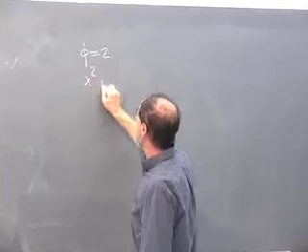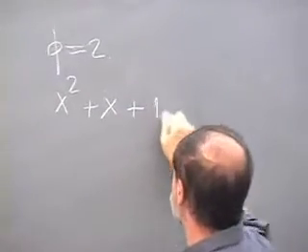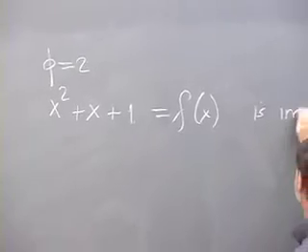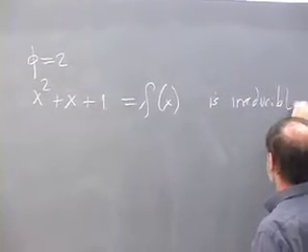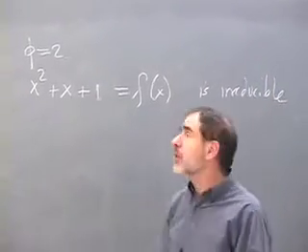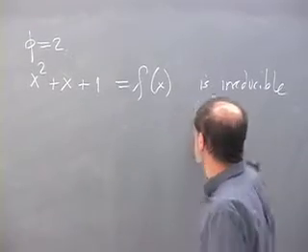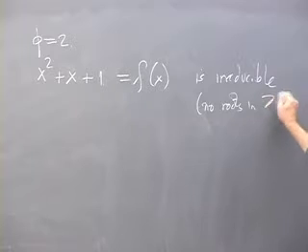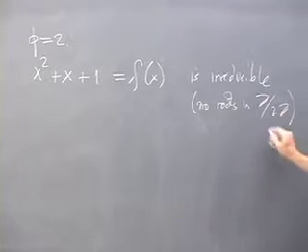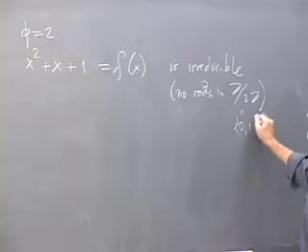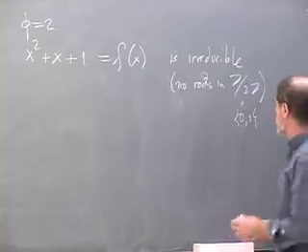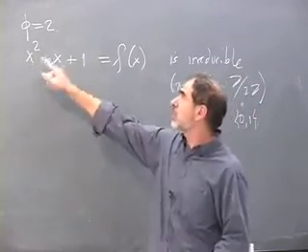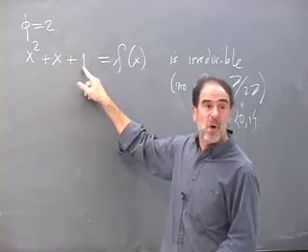Take the polynomial x squared plus x plus 1. I claim this is irreducible. Why? Because it has no roots in Z mod 2Z. The only elements in this ring are 0 and 1. So to see that it has no roots, you have to try 0, and then you have to try 1. If you try 0, you get 0 squared plus 0 plus 1, which is 1.